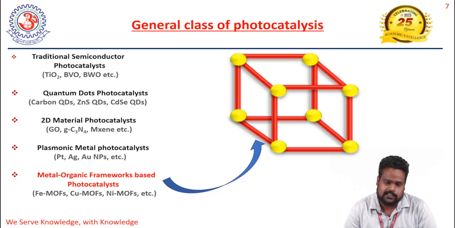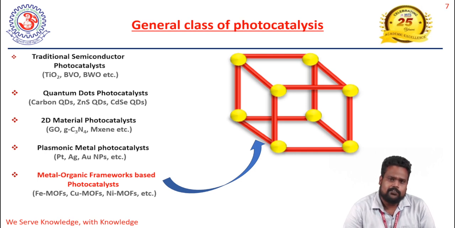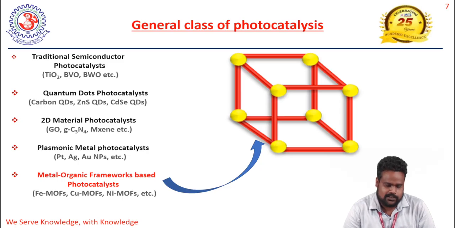As I mentioned here, different metal sources can be used for the synthesis of metal organic frameworks, like iron, cobalt, copper, nickel, etc. And metal organic frameworks have a three-dimensional network structure. You can see the yellow balls are the metal sources, and the red lines are the ligand sources. That means a metal organic framework is a three-dimensional structure in which the metal sources are interconnected by ligands.